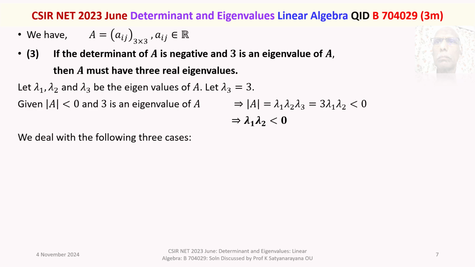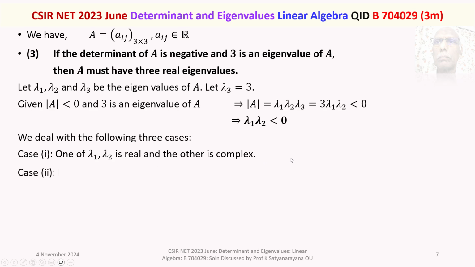The first case is, one of these 2 eigenvalues is complex and the other is real. Case 1: one of lambda 1, lambda 2 is real and the other is complex. Case 2: both the eigenvalues lambda 1, lambda 2 are complex. Then in that case lambda 2 is lambda 1 bar, that we will show you.